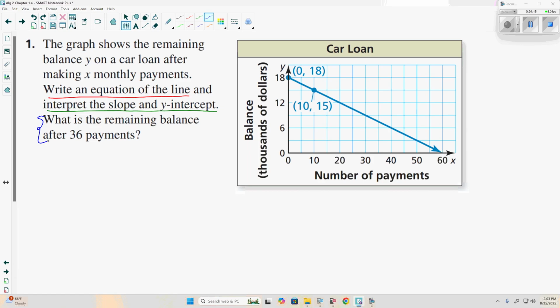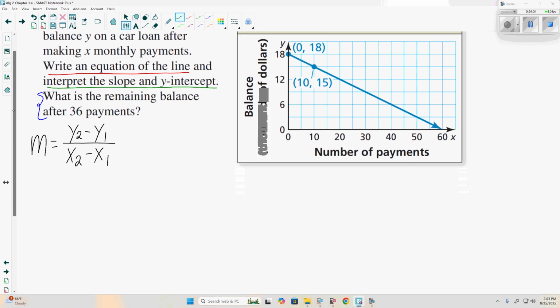So the first thing we can do is find the slope of the line. So y2 minus y1 over x2 minus x1. And again, to find the slope, we need 2 points. And they did give us 2 points this time. They gave us (0, 18) and (10, 15).